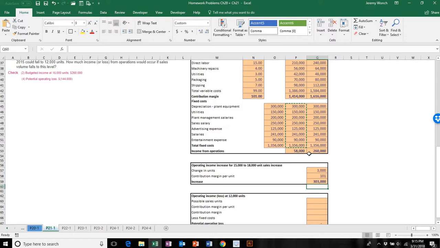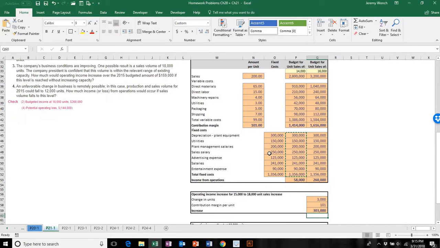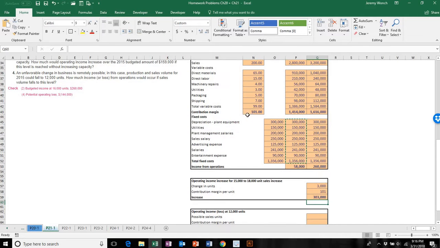And so the idea with that is that if we have a cost of $99 per unit, that means that $101 out of this 200 is going to go towards fixed cost. Once fixed cost has already been taken care of, that contribution margin is going to go straight to profit.